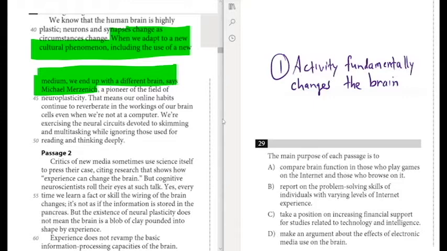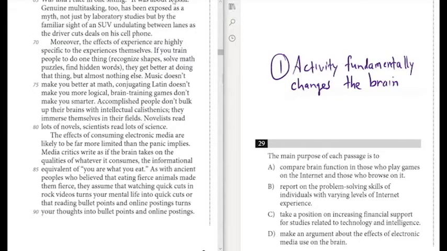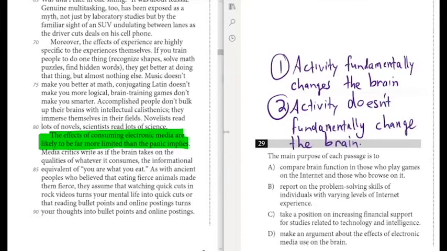Now looking at passage 2, we're also deeply familiar with passage 2 at this point, and we can easily get the main idea of that one as well. The main idea of passage 2 is being stated right around lines 81 to 82. The effects of consuming electronic media are likely to be far more limited than the panic implies. In other words, activity doesn't fundamentally change the brain.